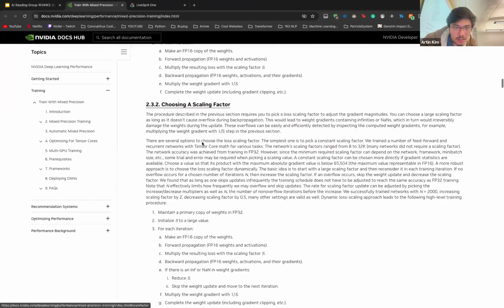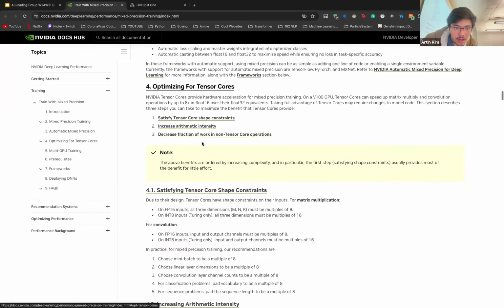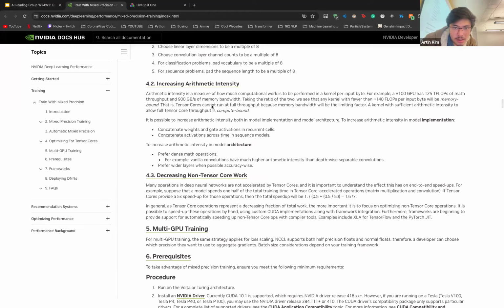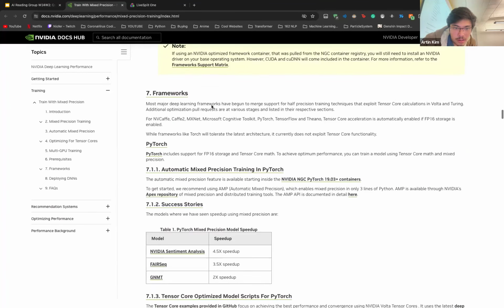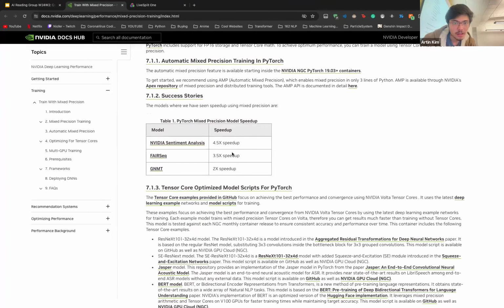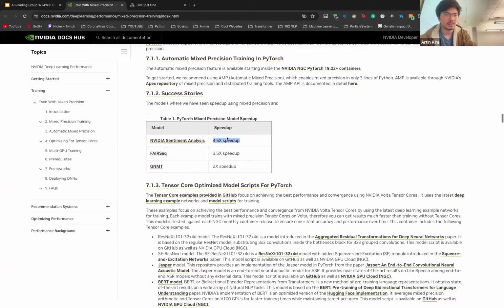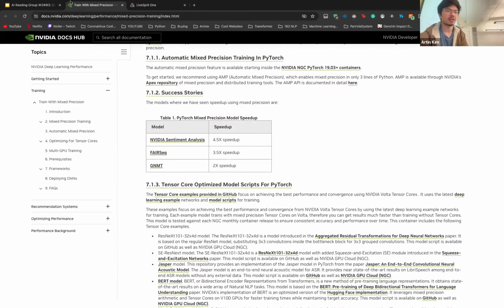Loss scaling. Automatic. Oh, here, yeah. 3 times, 2x. So like, a decent speedup.